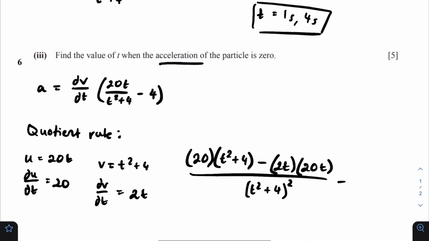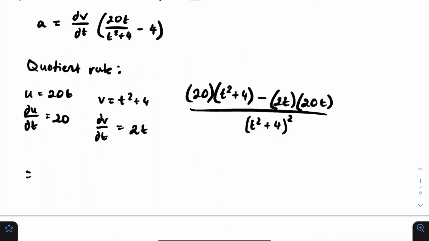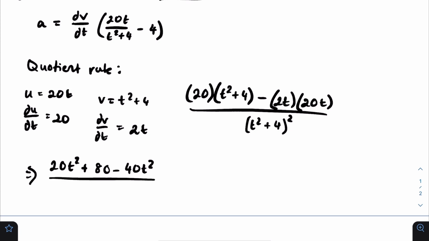And then this is subtracted from 4, but remember that the 4 is a constant, so it gets removed. So if we simplify this down, we get 20t squared plus 80 minus 40t squared over t squared plus 4 all squared as the acceleration function.